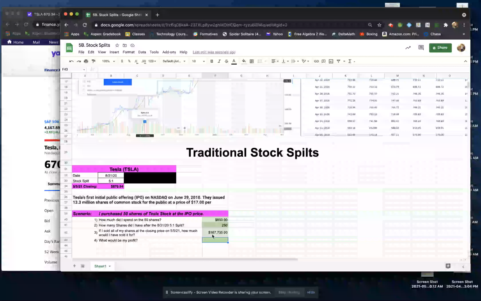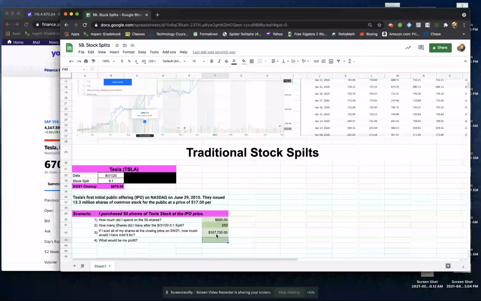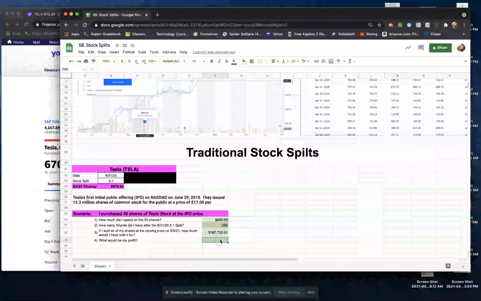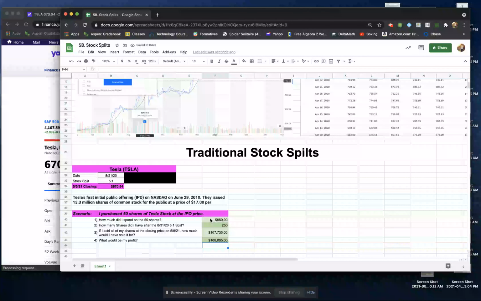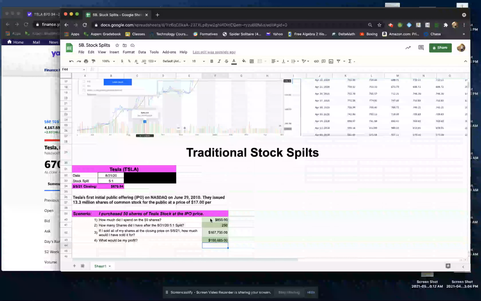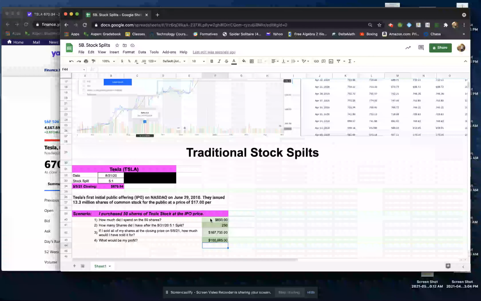I would have sold it for $167,735. So what would my profit be? I have to take what I sold it for, $167,000, and subtract my original price that I paid for those shares. So my profit would be $166,885.